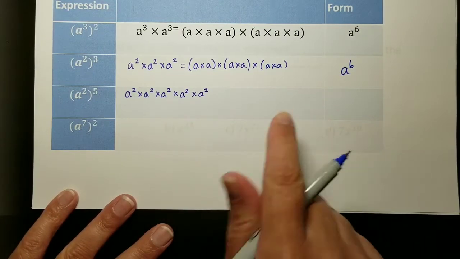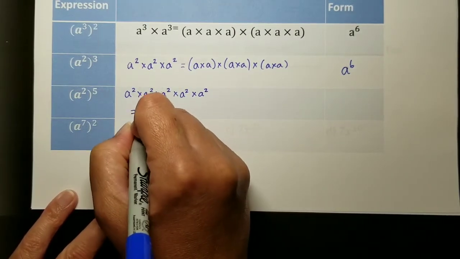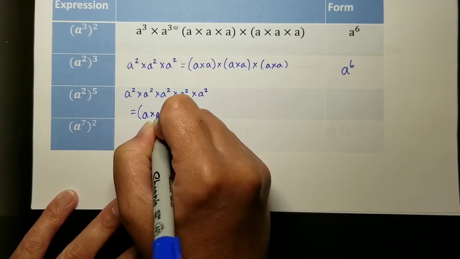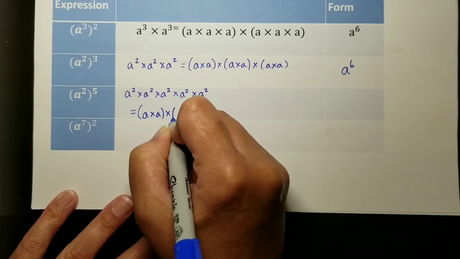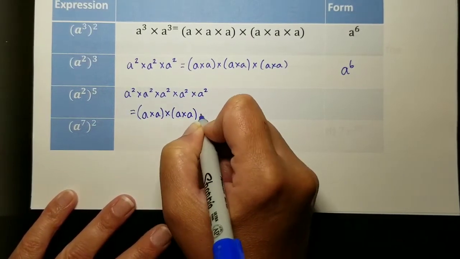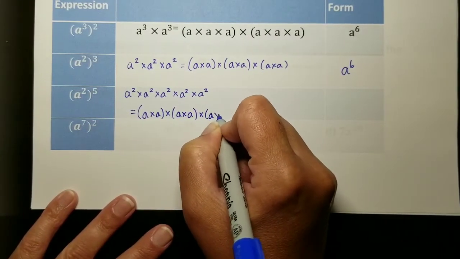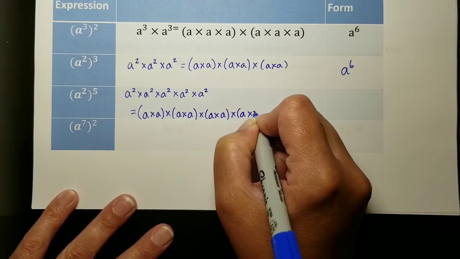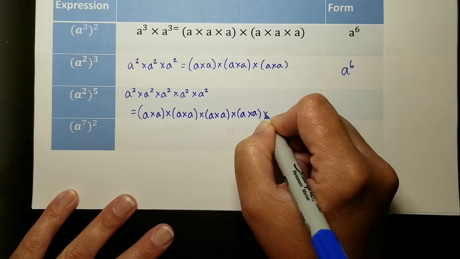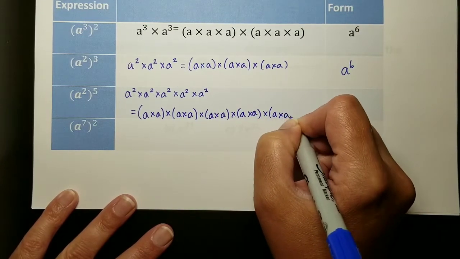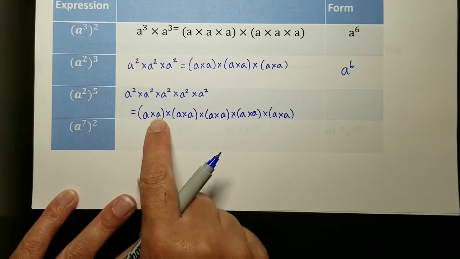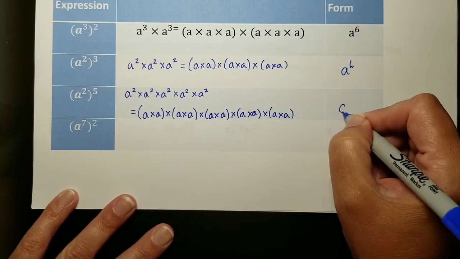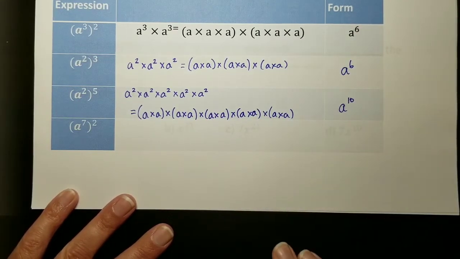And then I'm going to expand that out, again just using 2 lines to fit this in. Each a squared is a times a. So then a times a, and I have to do this 5 times because I had 5 a squareds. And one more. So I have 1, 2, 3, 4, 5, 6, 7, 8, 9, 10 a's. So it's a to the exponent 10.